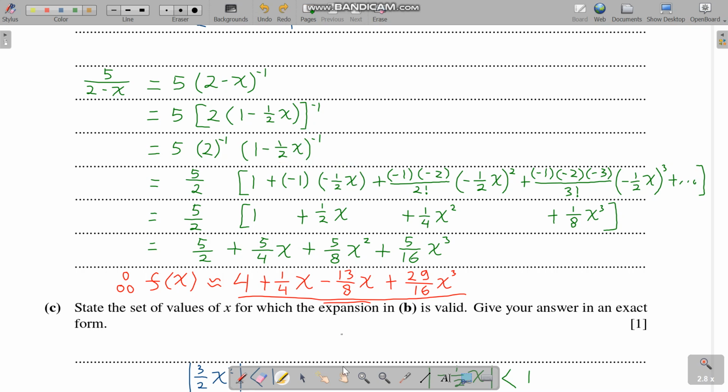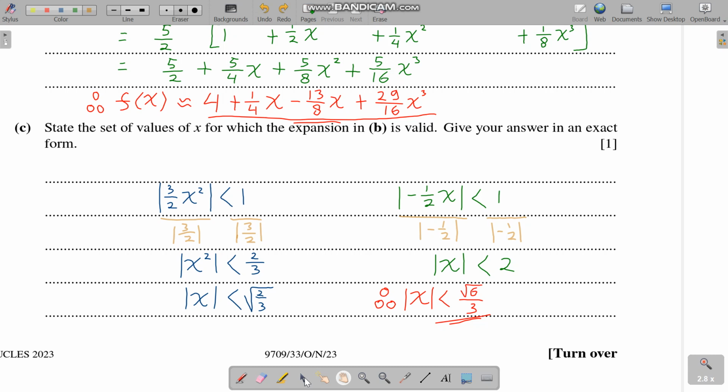So modulus of minus 1/2 x smaller than 1, you gotta divide both sides by the modulus of 1/2, don't forget the modulus here, so you have 2. Okay, so if you don't use modulus and you get minus 2, you flip the sign, it's gonna be wrong.